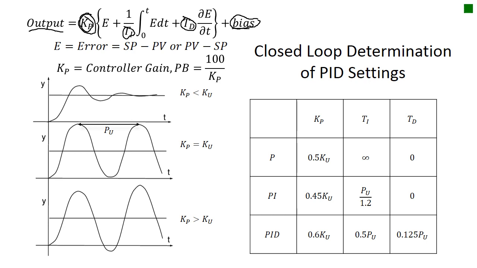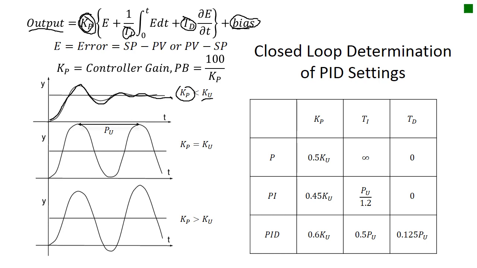And what we're looking for is, when does the system become unstable? We're searching for the point where it's no longer holding things constant, but actually beginning to oscillate. If our gain is less than what we call the ultimate gain, our process will oscillate above and below our set point, but eventually it will dampen out to a stable value.